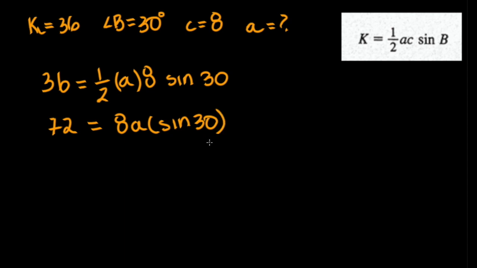We can divide both sides by 8 to get that 9 equals the sine of 30 times a. We can finish off by dividing both sides by the sine of 30. 9 divided by the sine of 30 equals 18. So 18 equals a. So in order to answer our question, the length of side a equals 18.